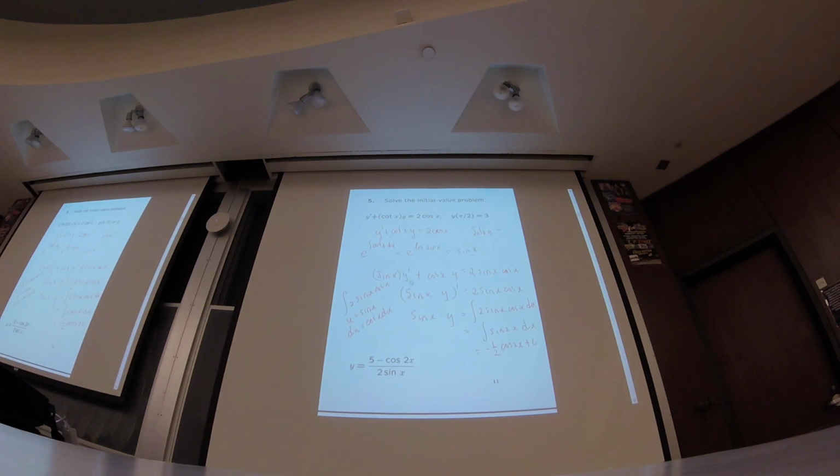And so we get, let me add a page here so I have more room. What we get is, sine x times y is minus 1/2 cosine 2x plus c. So y is minus 1/2 cosine 2x divided by sine x plus c divided by sine x. Here is the general solution.